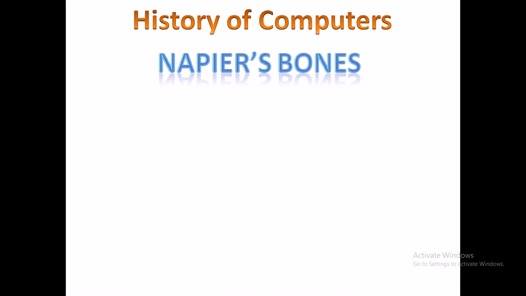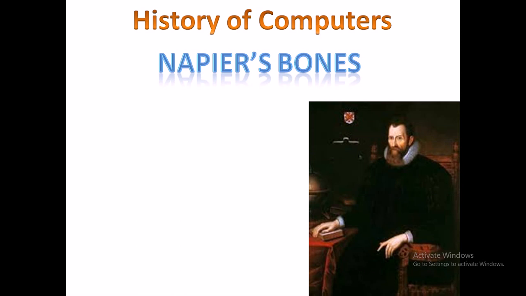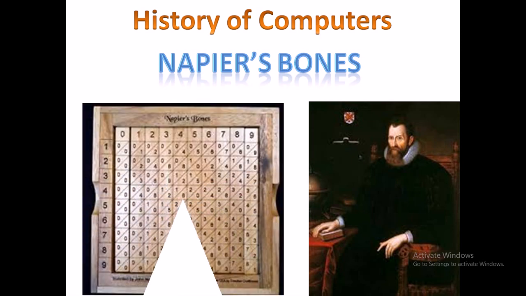It was known as Napier's bones. It was a set of rods carved from bones. Each rod had four faces. The numbers 0 to 9 were marked on them in such a way that we could find out the product of any numbers by placing the rods side by side.